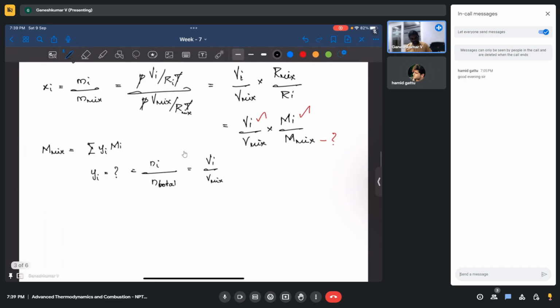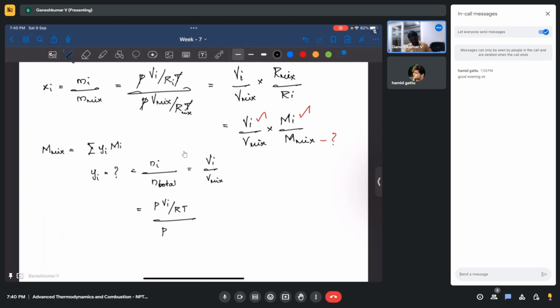Let's say if you go forward with this analysis, how do you apply the ideal gas law to Ni by N total? PV is equal to nRT, right? So n is going to be PV by RT, so Vi by RT.